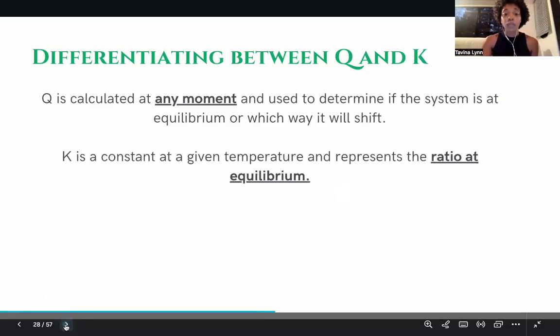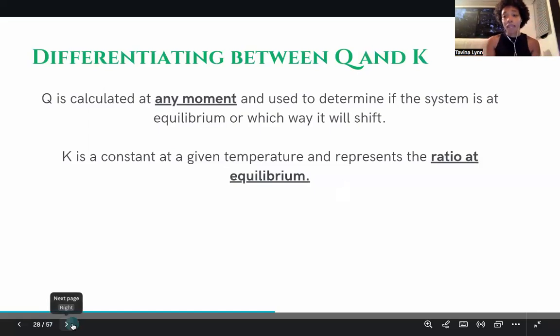Now with our equilibrium constant K, it's a constant at a given temperature, but it represents the ratio only at equilibrium. So basically Q gives us information about where the reaction is in reaching equilibrium, and we can write it at any moment, whereas K is only written at equilibrium.